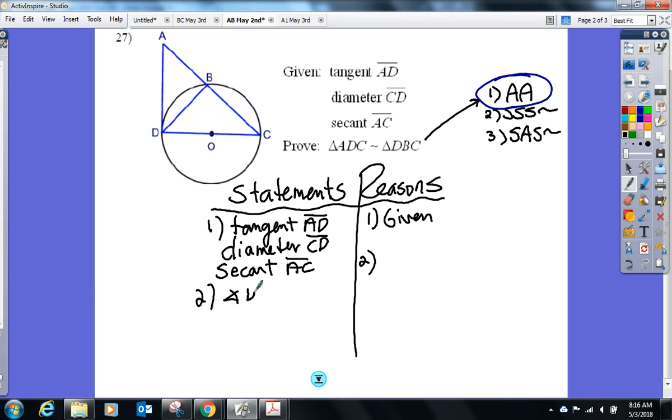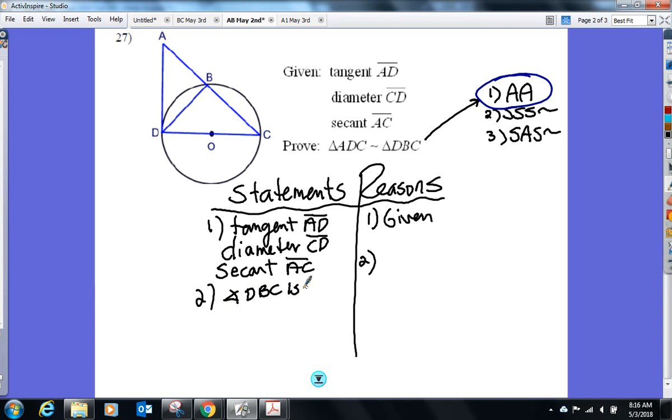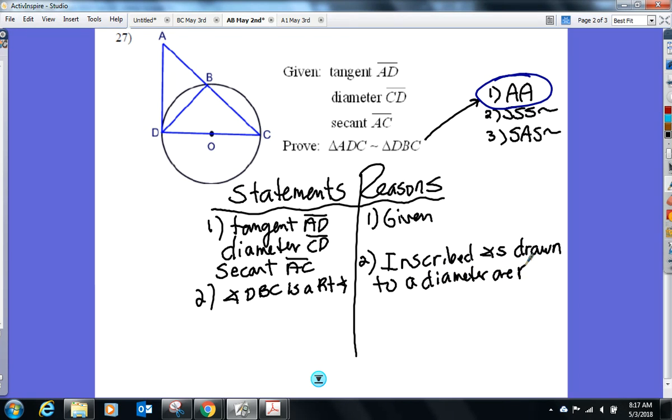Angle DBC is a right angle. Inscribed angles drawn to a diameter, or you can say semicircle, that's fine too. All right, to a semicircle are right angles. Nice job.